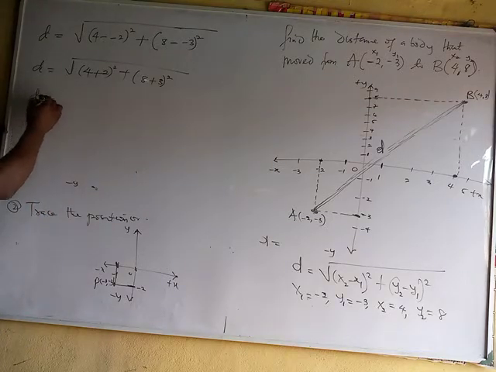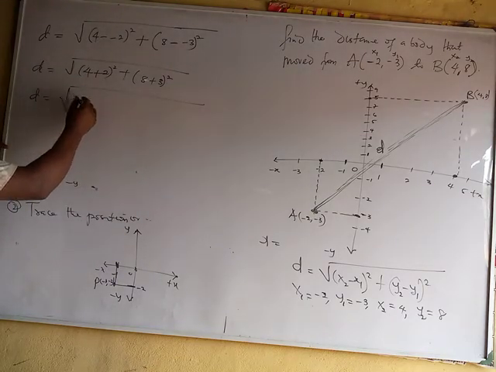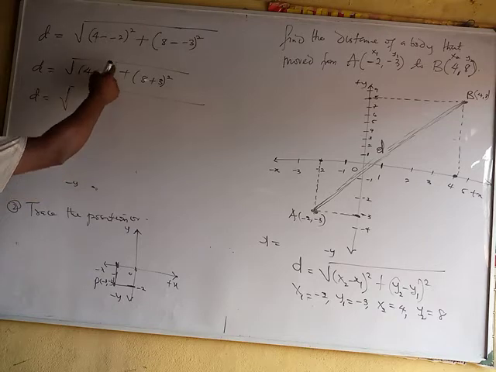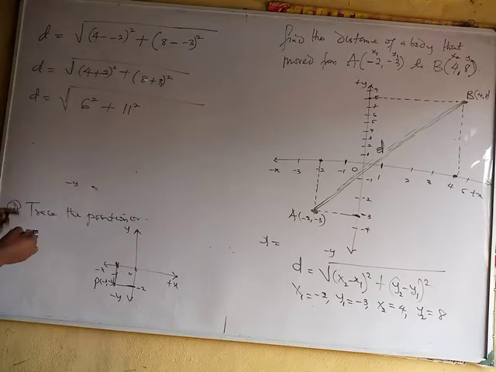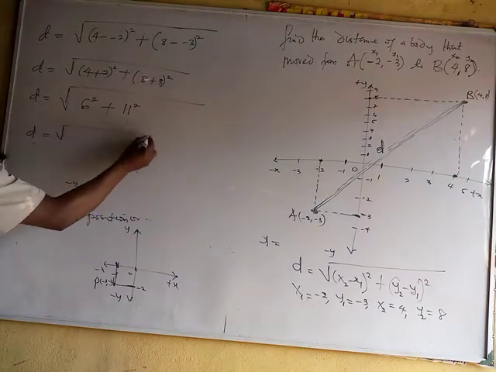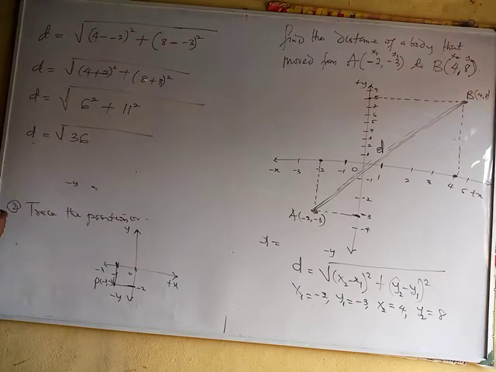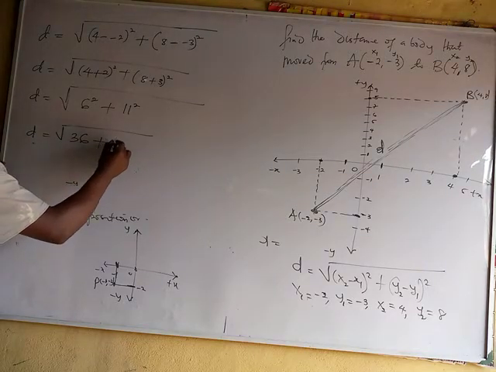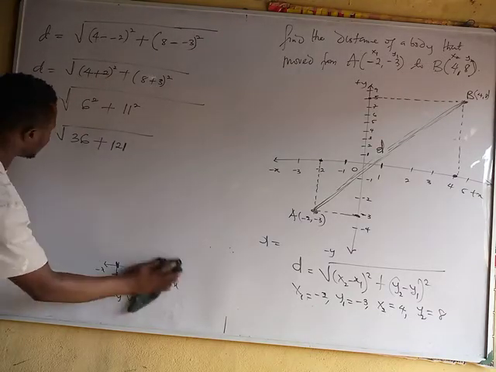So our distance is equal to square root of 4 plus 2, which is 6, all square, plus this is equal to 11, all square. So in this case, our D is equal to square root of 6 square, which is 36, meaning 6 times 6, plus 11 square is 121, which is 11 times 11.